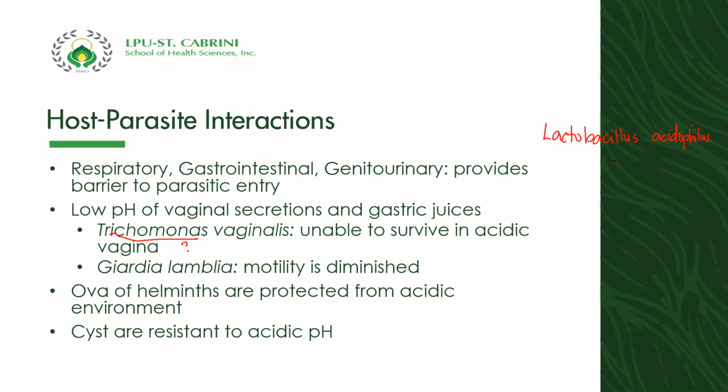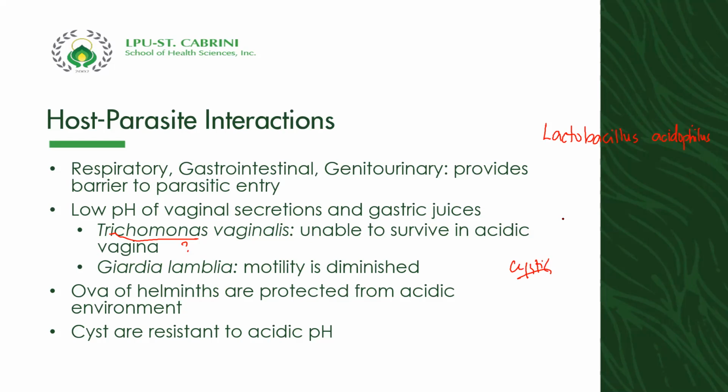On the other hand, we have Giardia lamblia. Giardia lamblia is also affected by the gastric juices in the intestine. That's why Giardia lamblia, from being a trophozoite, has to become encysted. From trophozoite, it needs to be converted to cystic form. Why?